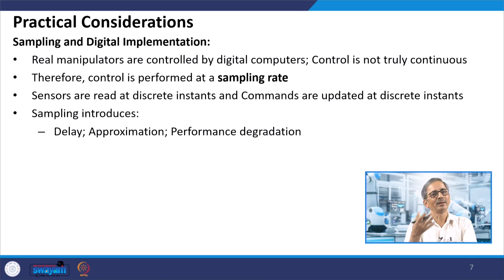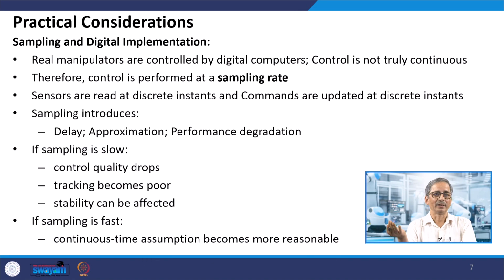What are those? You have the delays. We have the approximation, because we are representing a continuous signal in a discrete way, or vice versa. So, there is a performance degradation. If your sampling is at a slow rate, then naturally your control quality drops.